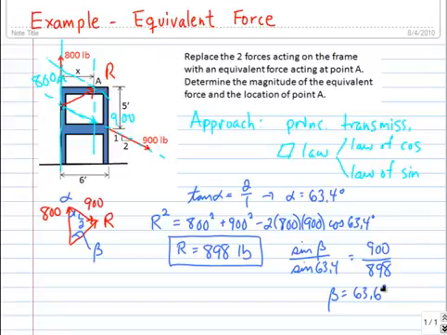Then we use the principle of transmissibility again to slide this resultant, or the equivalent force vector R, up to point A. What remains is to calculate the distance from point A to the left edge. That's the distance x. So now we need a little right triangle where the top leg is x and the bottom leg is determined from the size of the frame.